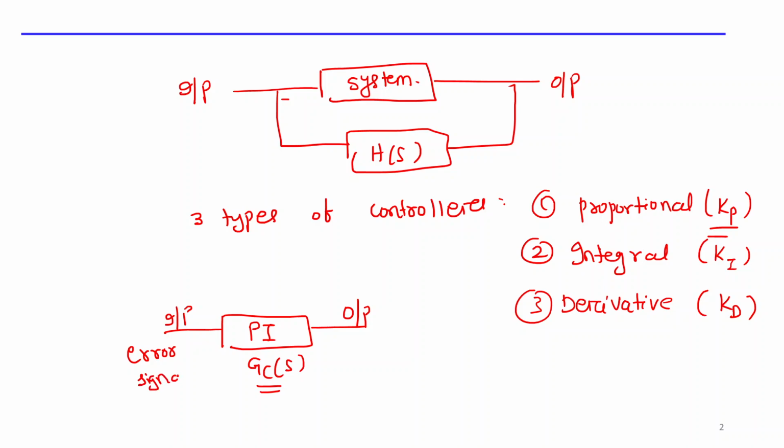Basically, I am just taking a PI controller as an example. It can be a PD controller, or a PID controller. It can be only an integral controller or only a derivative controller. The block that I'm showing, with gain Gc(s), can be any combination, based on the system design, where the plant is, which type of error you are encountering in the system, and how much speed and accuracy you want in the system.